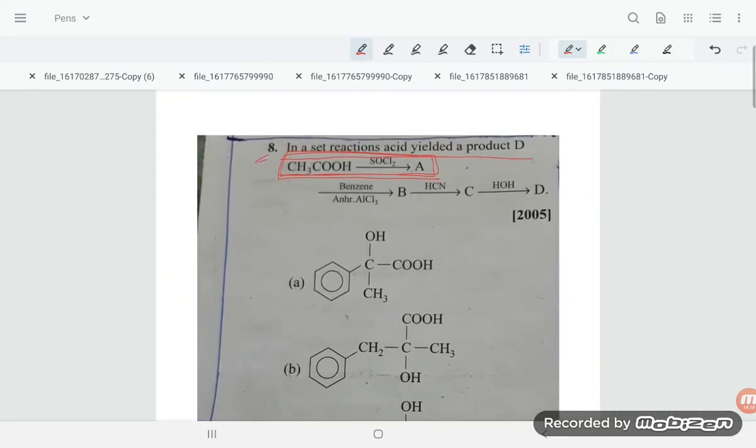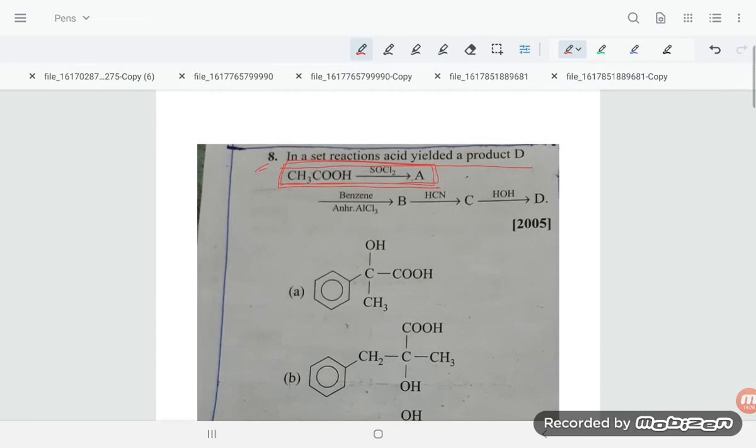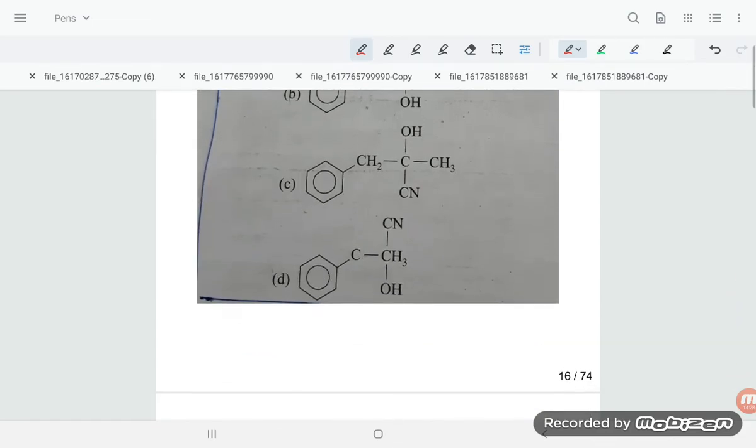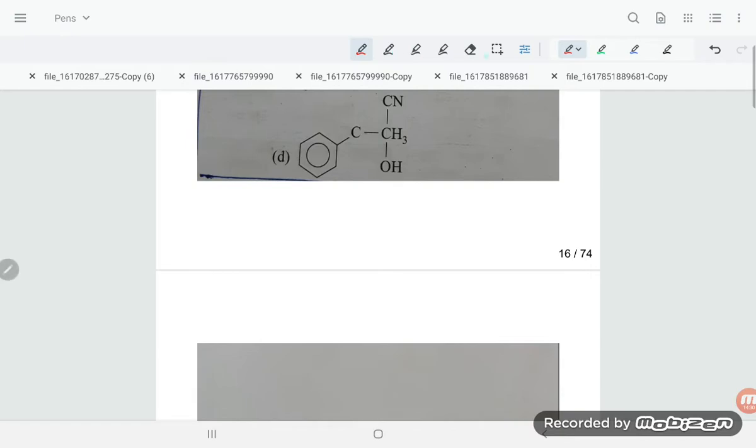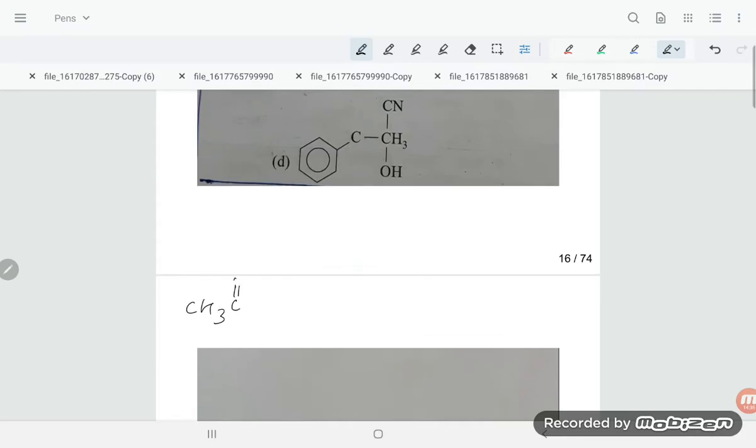They are asking for the product D. This could be a quite easy question, students, but it looks difficult. Here is acetic acid, CH3, C double bond O, and OH. If you are taking thionyl chloride, SOCl2, this is a direct NCERT question, students. It will give CH3, C double bond O, and Cl.